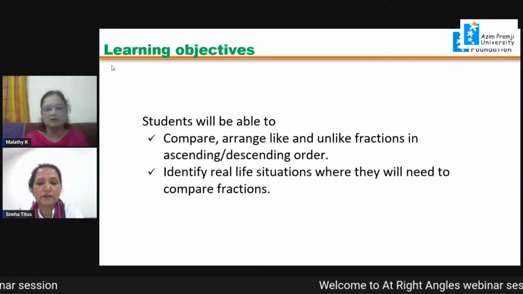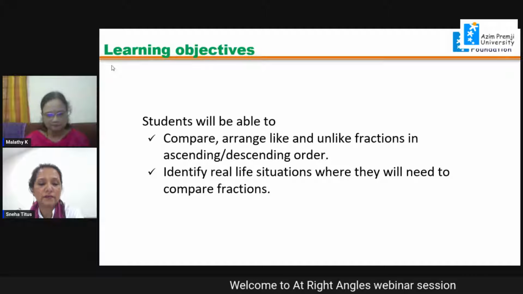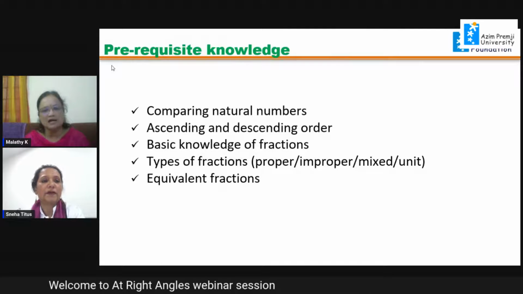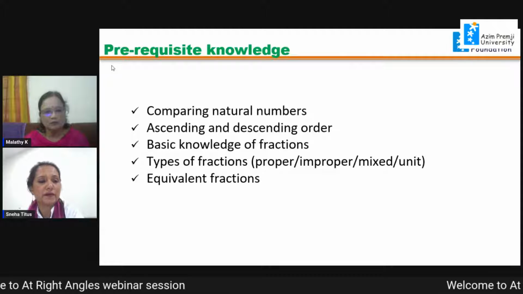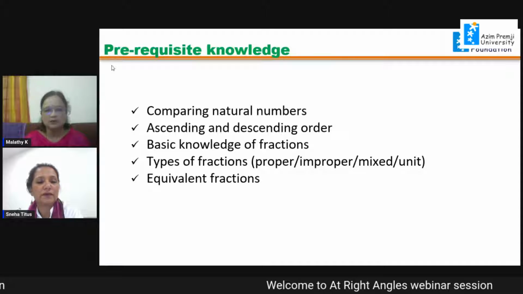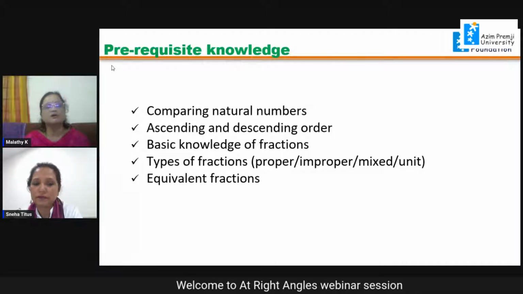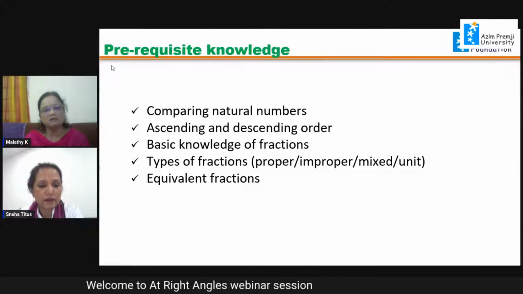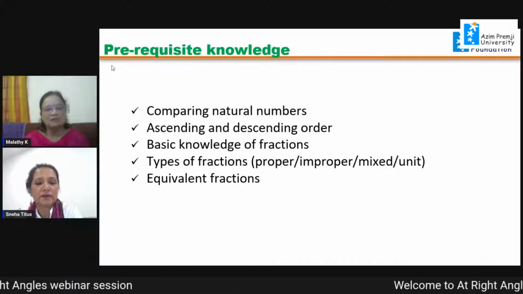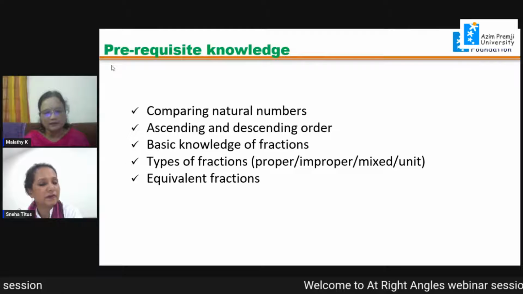That is the learning objective we have. When we start off, we need the children to know some of the basic things from their previous knowledge. So they are comparing natural numbers, ascending and descending order, basic knowledge of fractions, types of fractions, and equivalent fractions.